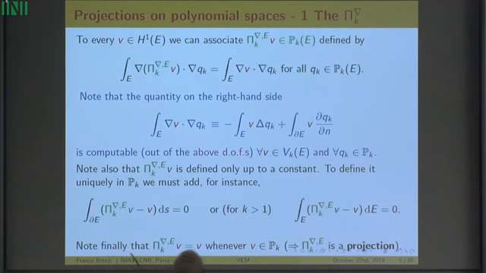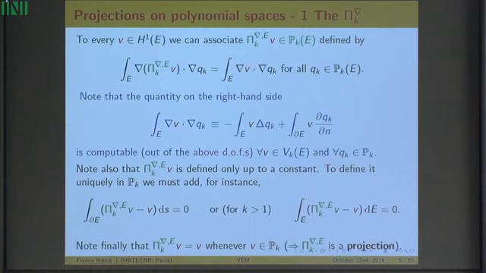So you have to fix the constant, and in order to fix the constant, for instance, you define that the mean value of the projection is equal to the mean value of the guy that you project on the boundary. So on the boundary, your guy is known, and so you can compute it. Well, then this is one projection, okay, on polynomials of degree k.